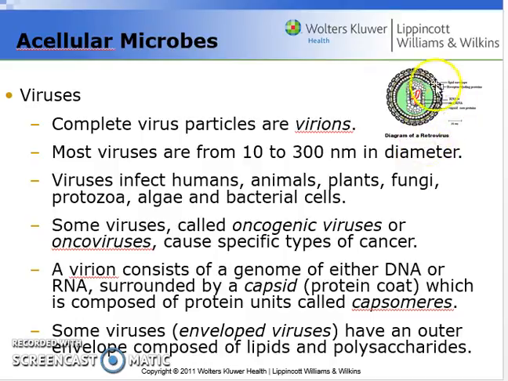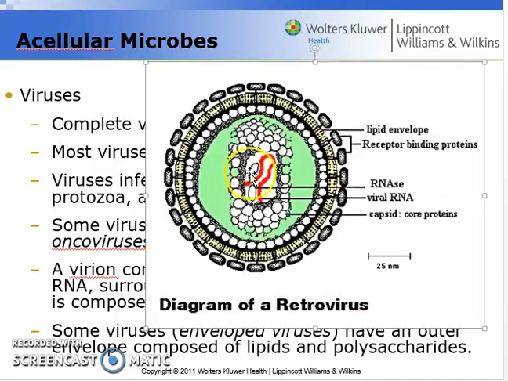And here's a great example of an enveloped virus. Let me make this picture bigger so you can see it. When we talk about the capsid, we talk about these white little protein structures here. Notice how they are basically built to surround the virus's genetic material, which in this instance is RNA.